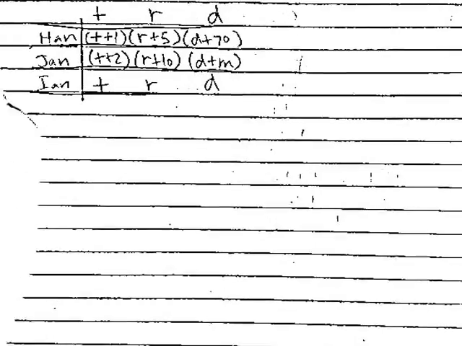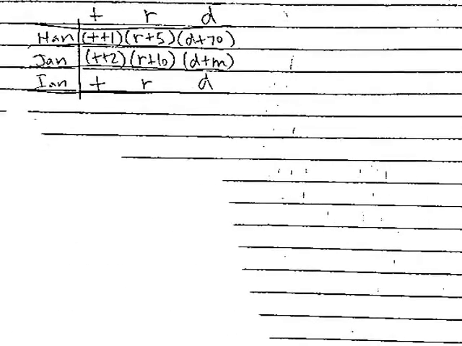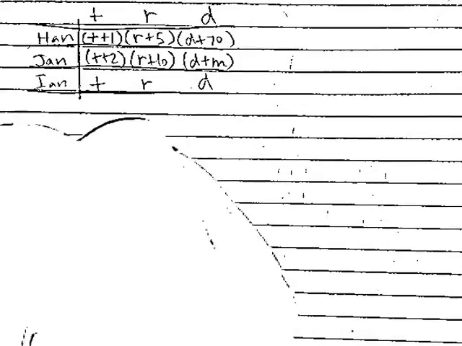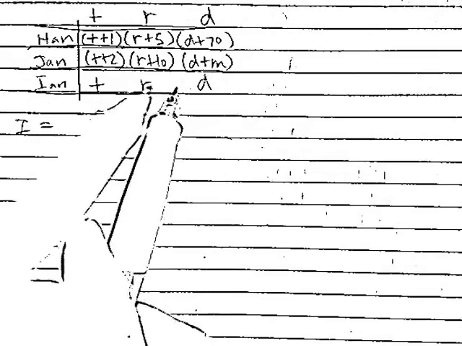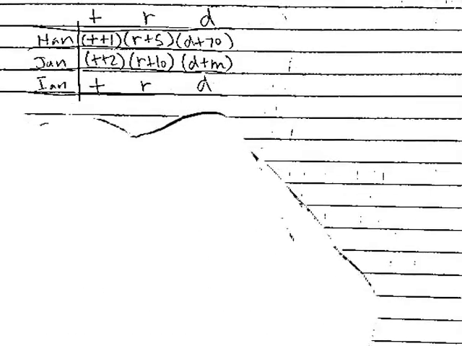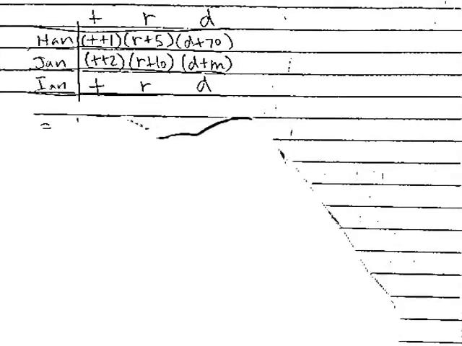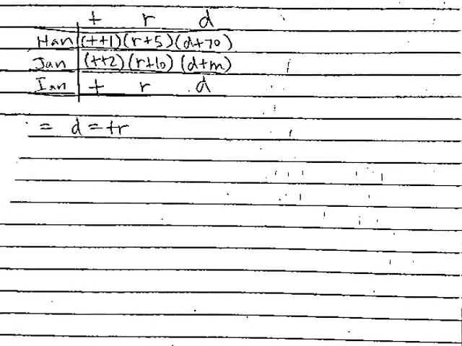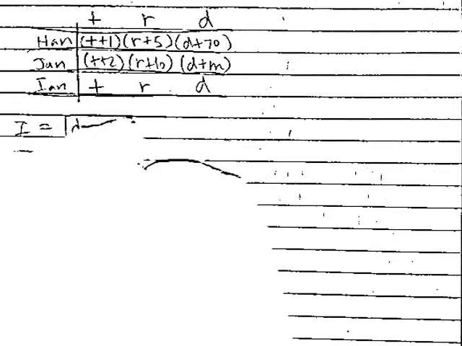I'm just going to write. I know that time times the rate equals the distance. So Ian's distance equals t and r, which is the time and the rate. And I'm going to box that.